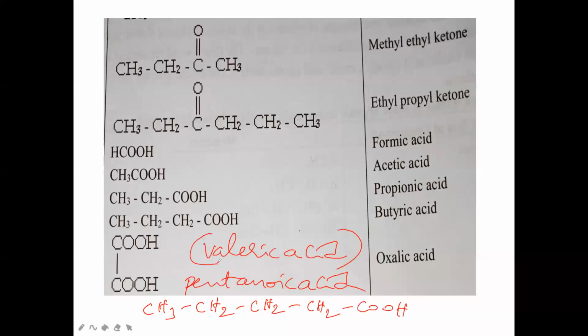The word valeric indicates 5 carbons. Whenever 5 carbons are there, we say valeric. Ic acid is COOH. So valeric acid or pentanoic acid. So propionic acid, butyric acid, valeric acid: keep this in mind. You're riding along with me, right?